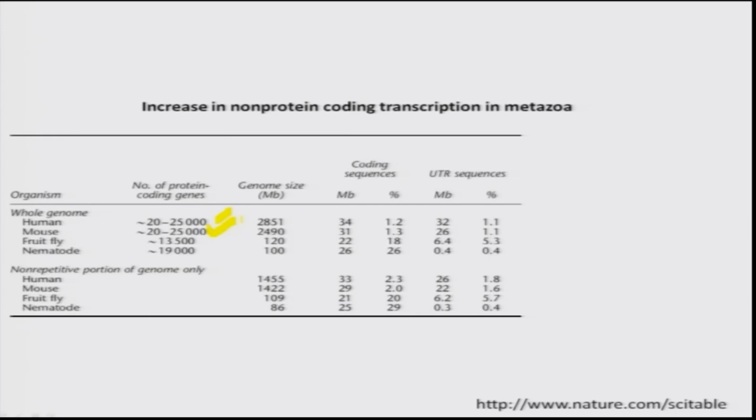It is not significantly different as compared to, for example, the nematode, which has about 19,000 genes, and the fruit fly, about 13,500 genes. So it looks like it is not really the gene number per se that makes the huge difference, and of course, the genome size is much larger as compared to the other species.